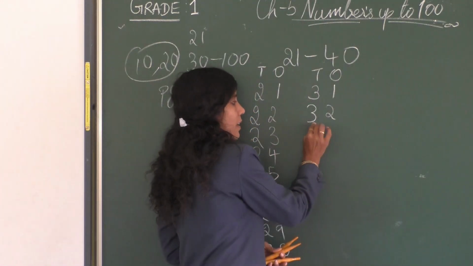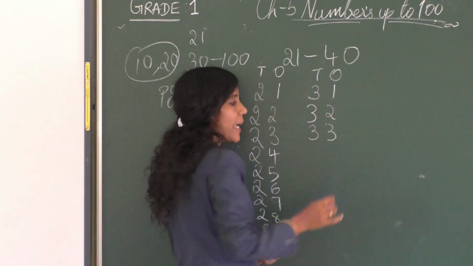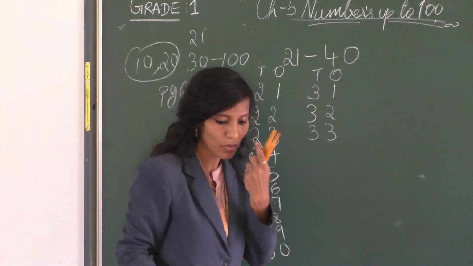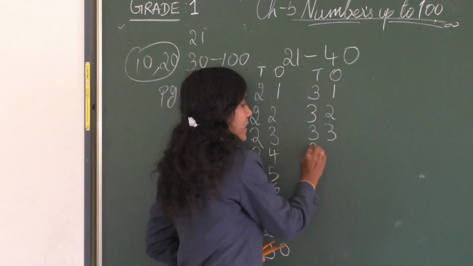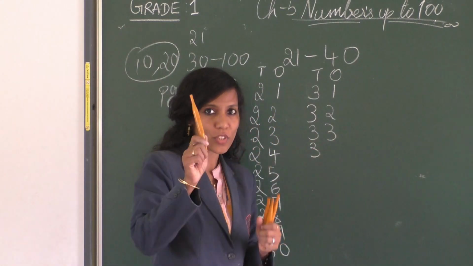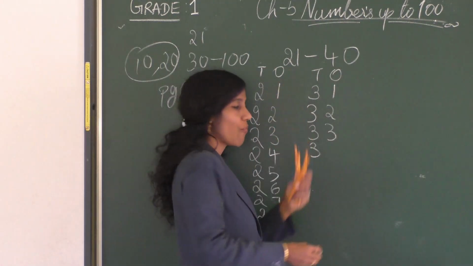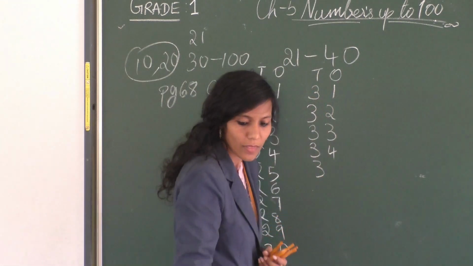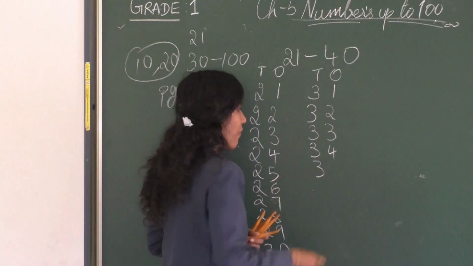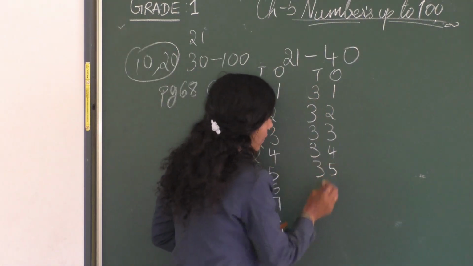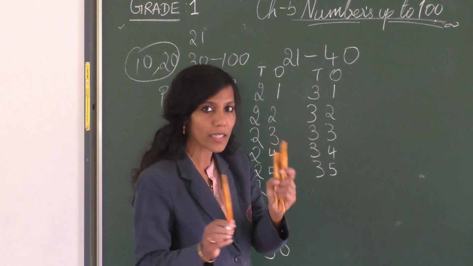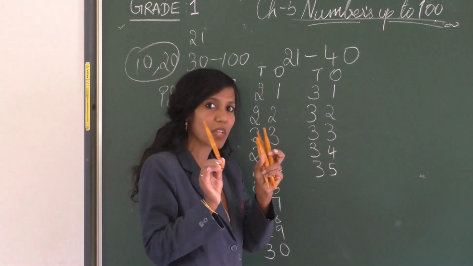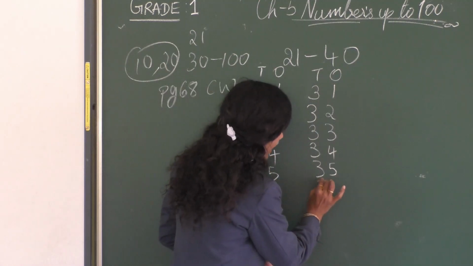Third one, 3. Next the ones position has 4, still 3 bundles of 10s. Now it is 5. Again still 30, but the ones change from 5 to 6.